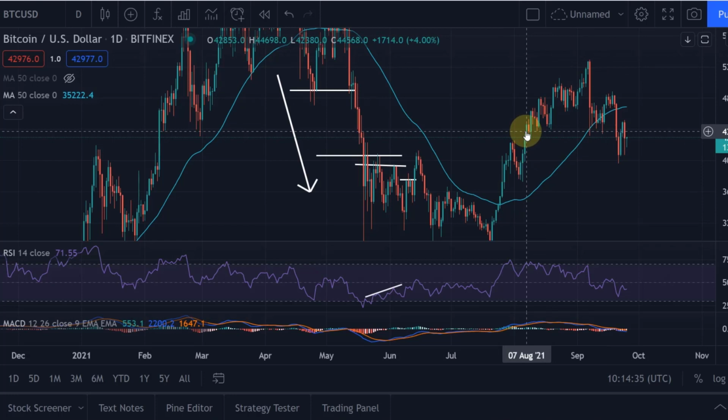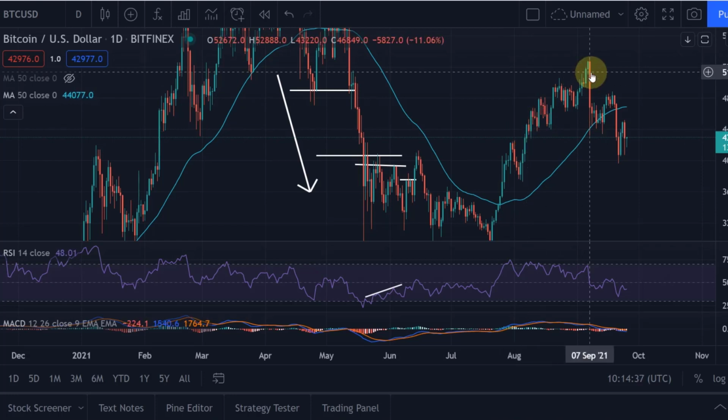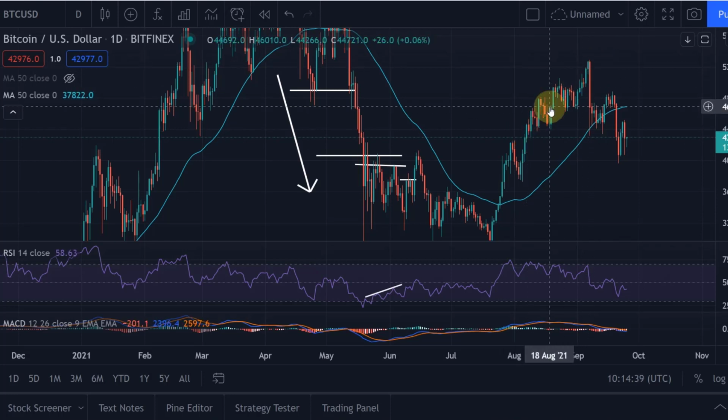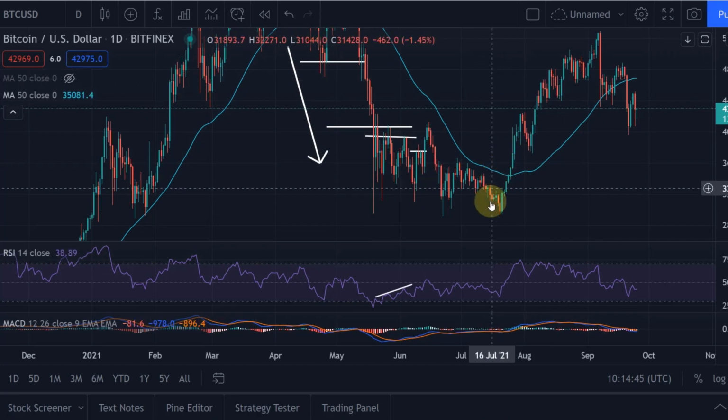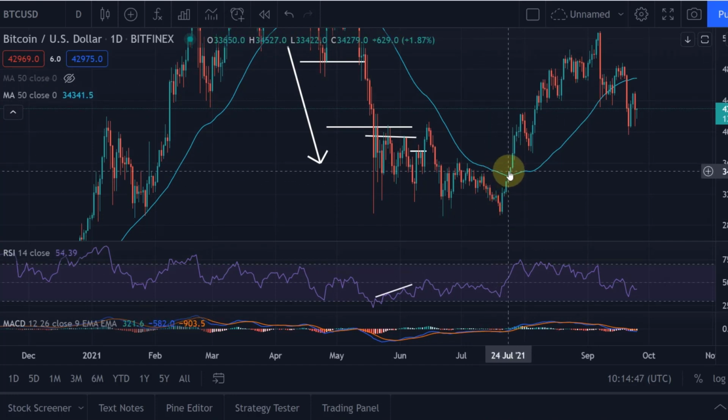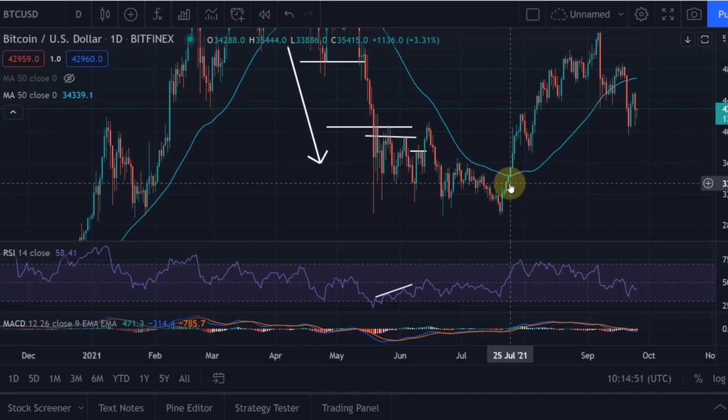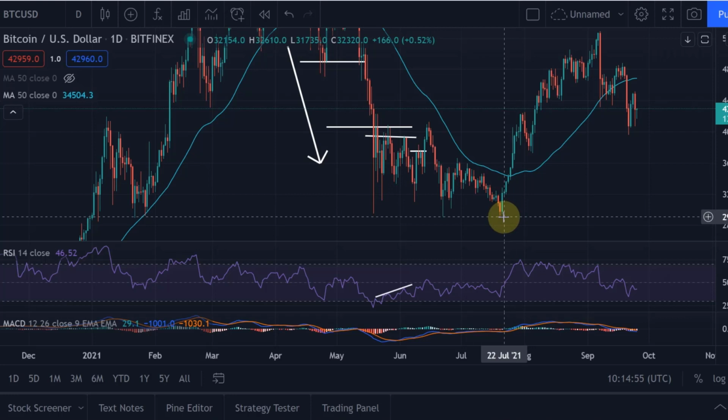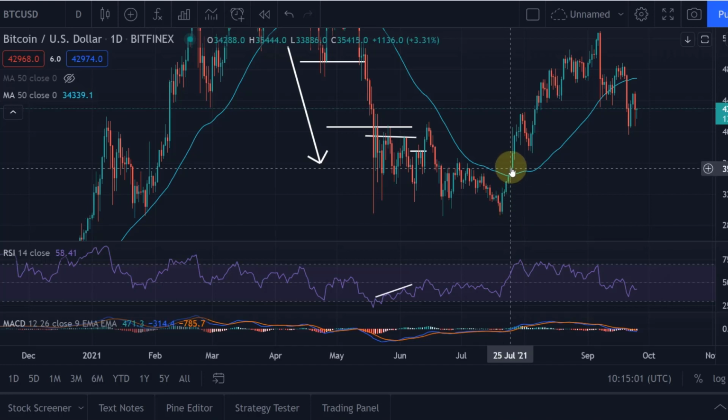Enter in wave 3, less risk, but less profit as well. So it's always a balancing act, and eventually every trader needs to decide for themselves what they're looking for. Very important: always set a stop loss as well. Had you entered here, you could have set the stop loss maybe below the moving average, but you could have lost quite a bit of money then, depending on whether there had been a retest.